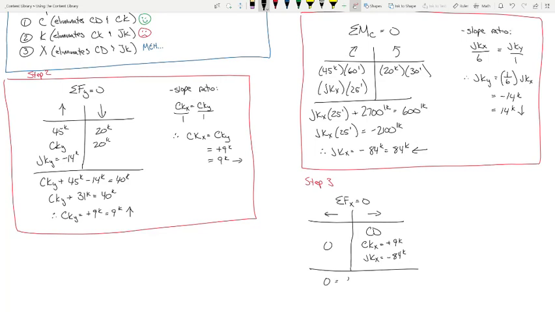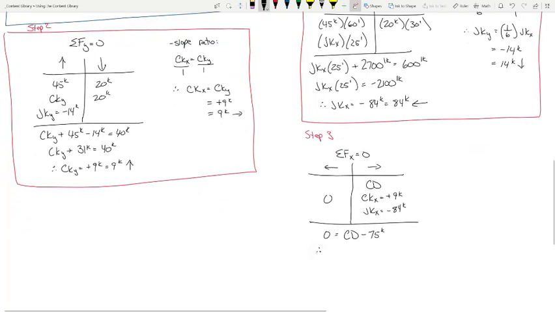So 0 equals CD minus, what is that? What's 9 minus 84? Is that negative 75? Did I get that right? Okay, there we go. So therefore, CD is plus 75 kips, or 75 kips to the right.